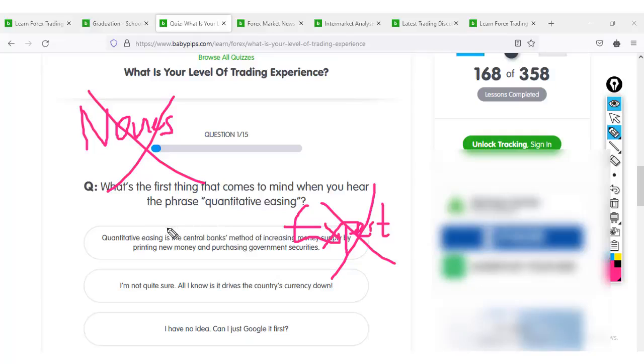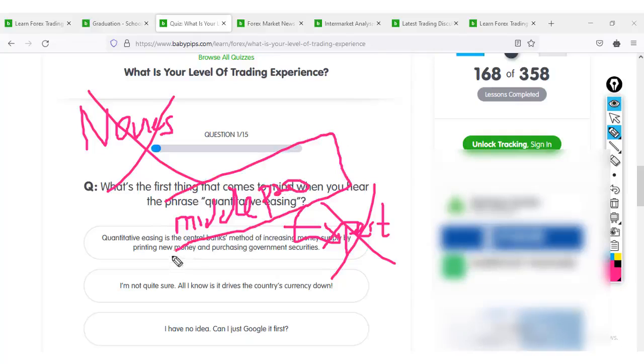But I am a middle professional trader. I'm at the midpoint. And they said I should just work on myself a little bit and I'll transition to expert. So that is my own answer.